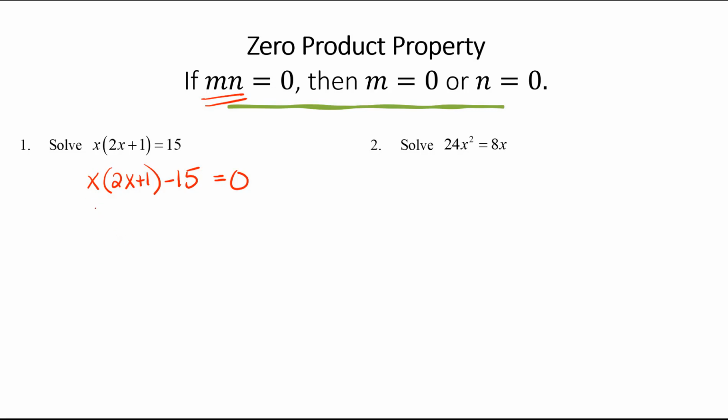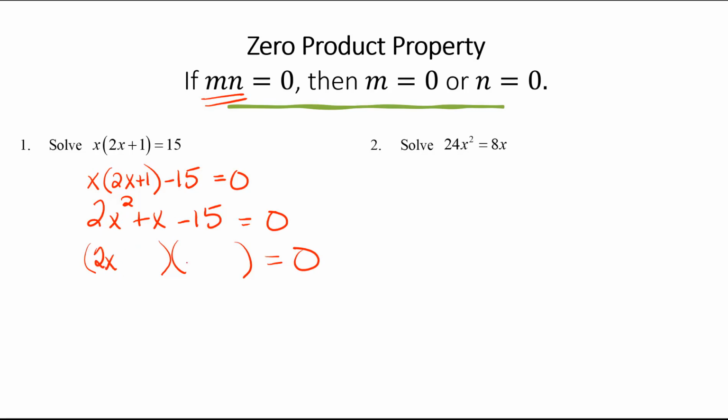So we're going to go ahead and distribute the x and get 2x squared plus x minus 15 equals 0. Well, that left side does not look like a product, but we can make it look like a product if we factor it. A factor is something that is multiplied by something else. So we'll get a product if we factor this.